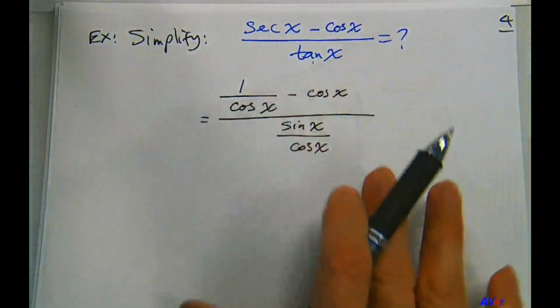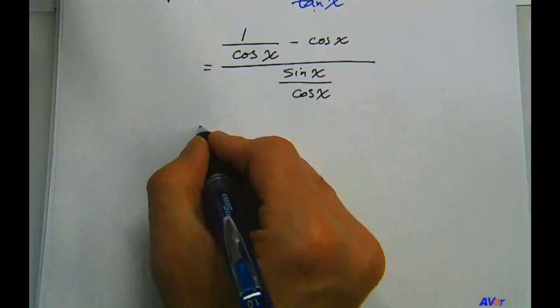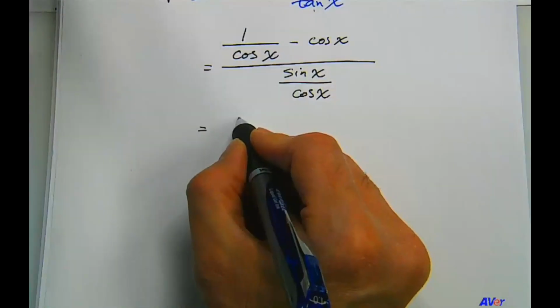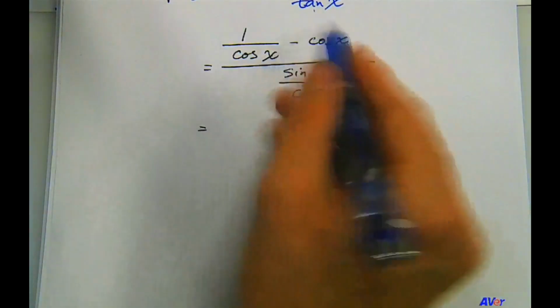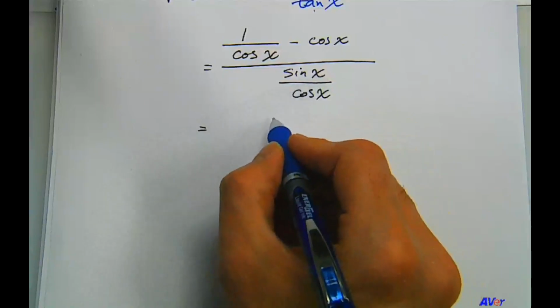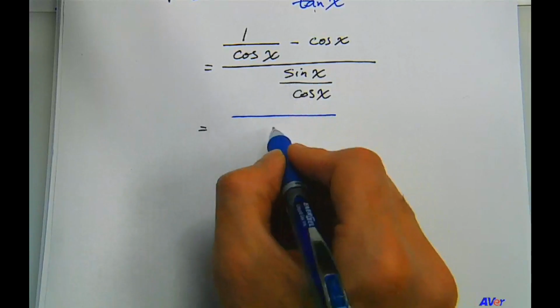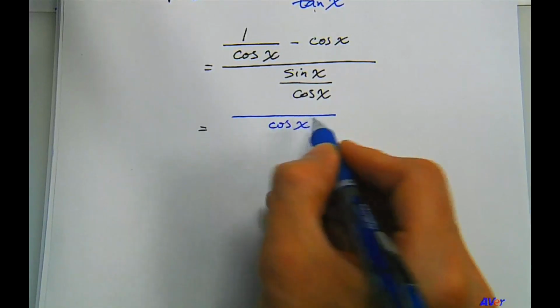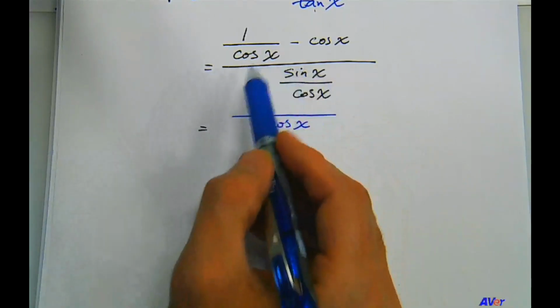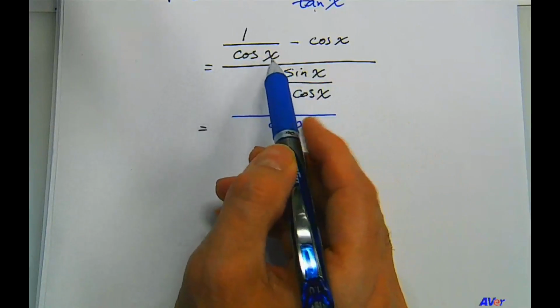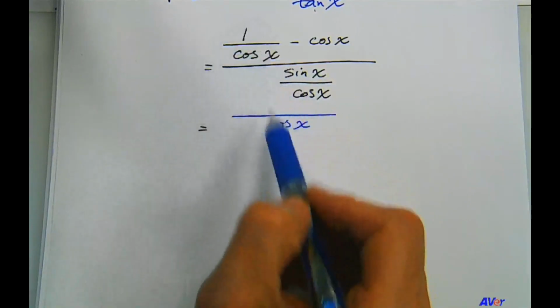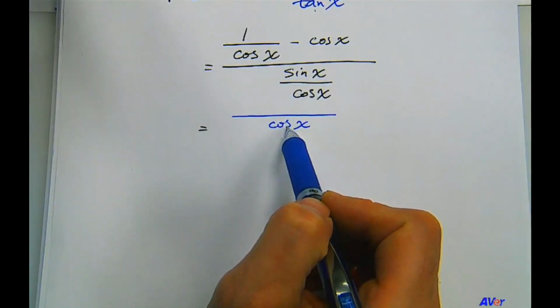Simplifying from that to here. So we have, let me use another color so they don't get mixed up, because I'm really too close to those terms. So we have cosine of x. Now this term already has the common denominator, right?